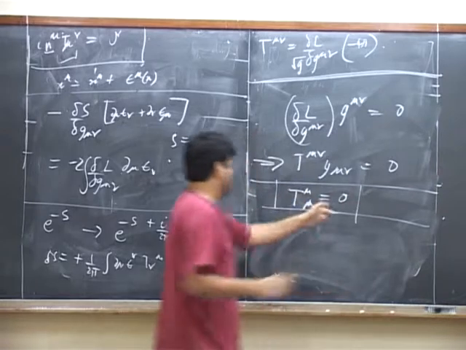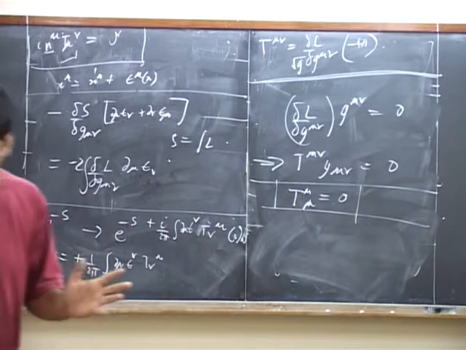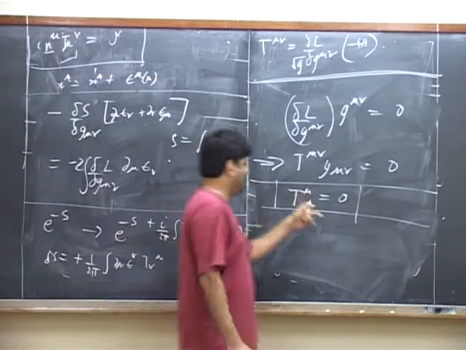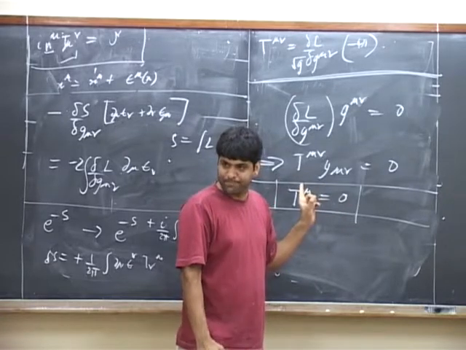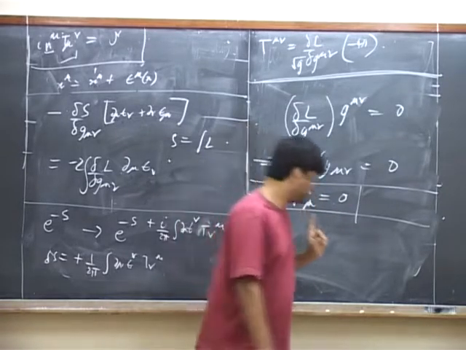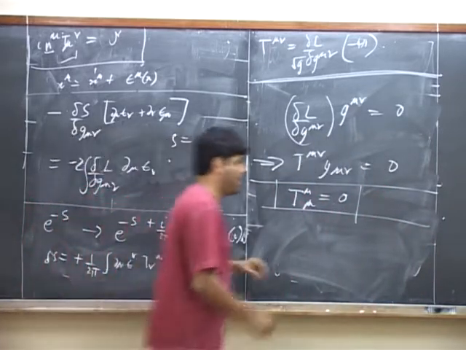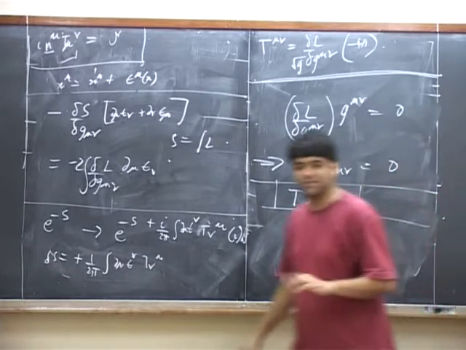So we've concluded that if we're dealing with a conformal field theory, so far we've not specialized to 2 dimensions, any conformal field theory and scale invariant theory, the trace of the stress tensor must vanish. One can make this argument at various levels of sophistication.